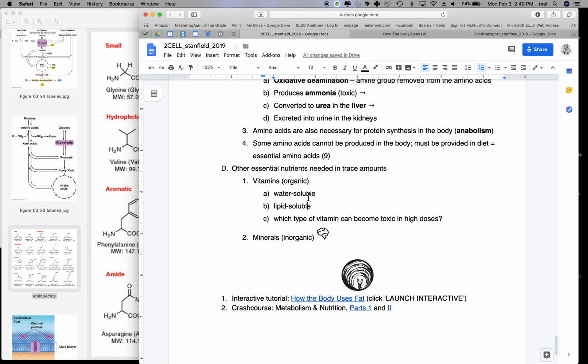Water-soluble vitamins, if you take in excess, for instance, if you took a mega dose of vitamin C, like my mom used to give me when I was a kid because she thought that was the way to make you healthy, the literature does not support that. What would happen to that 3,000 milligrams of vitamin C that I took?